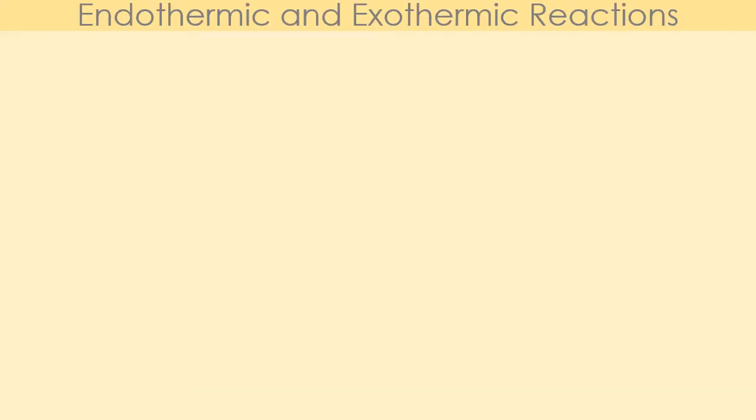We're going to start off by looking at endothermic and exothermic reactions. So, an endothermic reaction. An endothermic reaction is any process or reaction which causes the temperature of the surroundings to decrease.